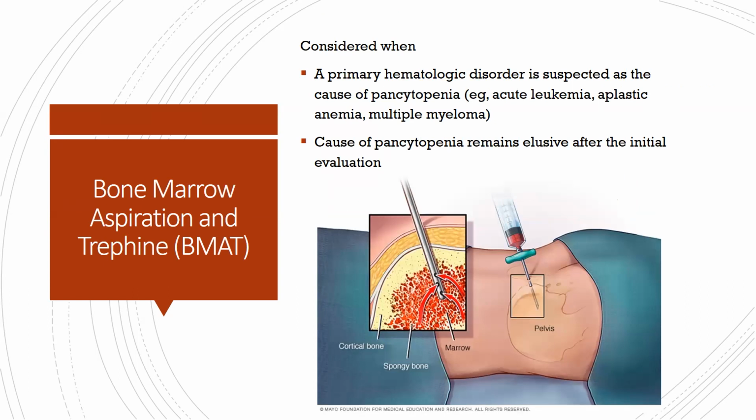And then the cell counts are low, so you think there's marrow infiltration, and bone marrow might give us an answer.